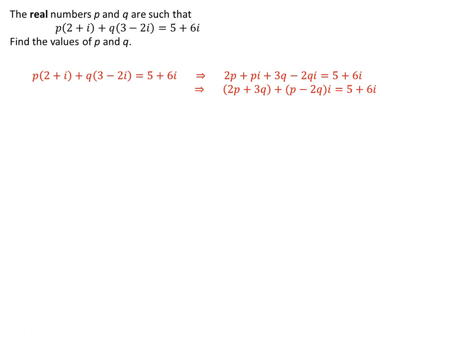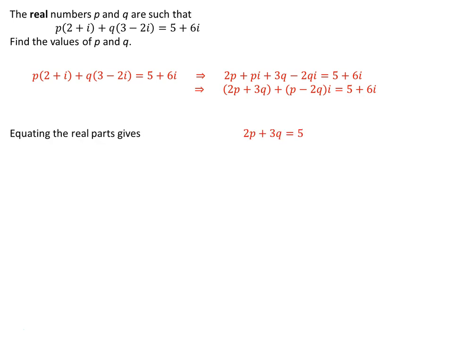So I've got 2p plus 3q plus p minus 2q lots of i must equal 5 plus 6i. Now, I've got a complex number on the left-hand side equaling a complex number on the right-hand side, so the real part on the left-hand side, 2p plus 3q, must equal the real part on the right-hand side, which is 5.